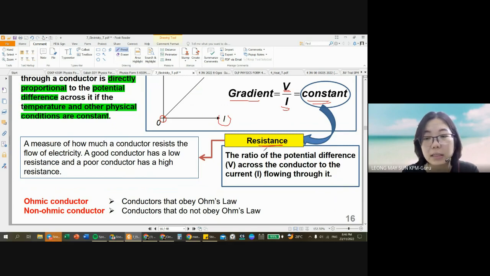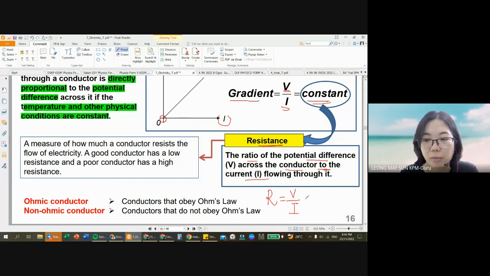So the resistance definition is the ratio of potential difference across the conductor to the current flowing through it. So resistance R is the ratio of potential difference to the current flowing through the conductor.